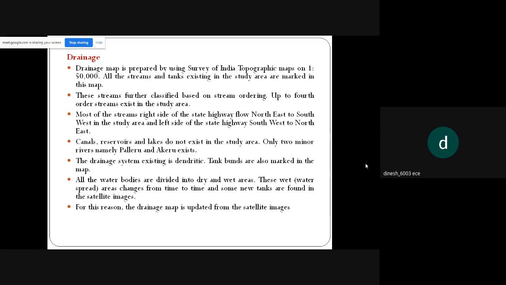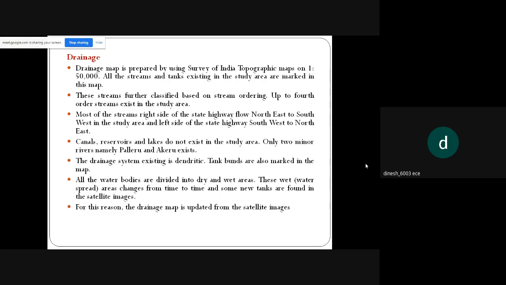So let us see the drainage map that is being prepared by the Survey of India. The drainage map is prepared from Survey of India topographic maps on a scale of 1 is to 50,000.